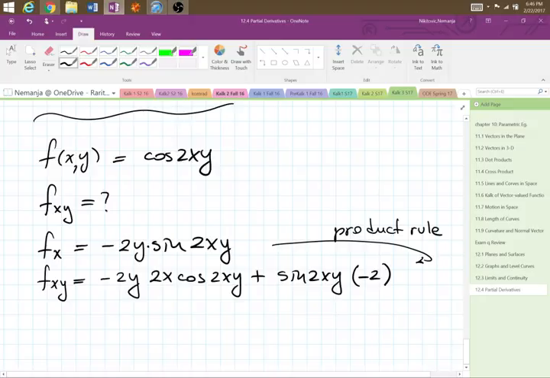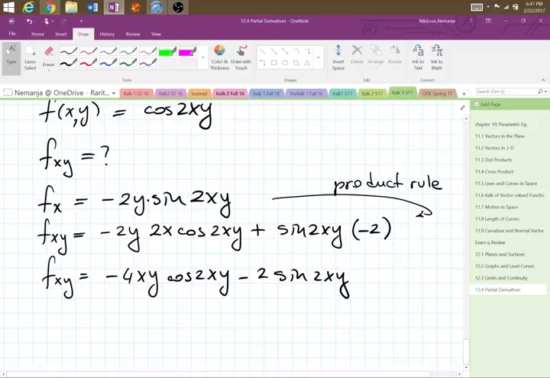And what we get here, when we factor everything, well, you can only factor -2. That's not that exciting, so just leave it, I guess. So we have -4xy cosine 2xy minus 2 sine 2xy. And such is life.